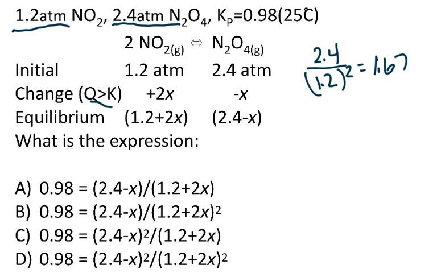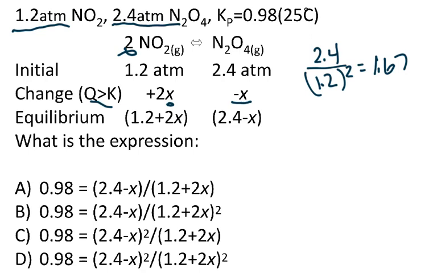When we shift towards the reactants, we're going to lose some unknown amount of our product. So we're going to say it's minus x. And we're going to gain a related amount of our reactant. But because we have a 2 here, we're going to gain twice as much as we lose of our product. So we're going to gain 2x in our reactant side.